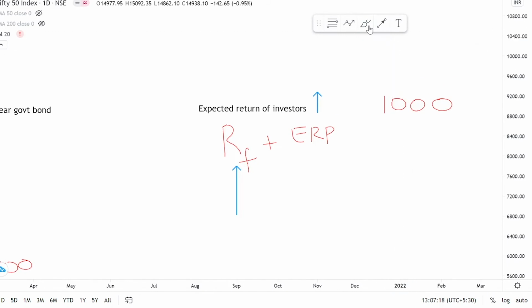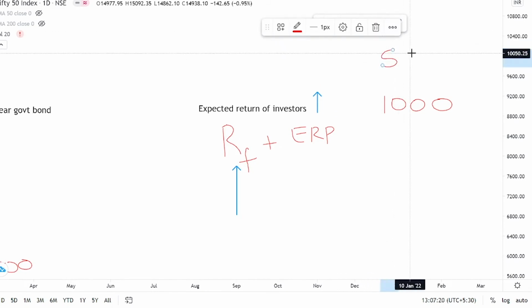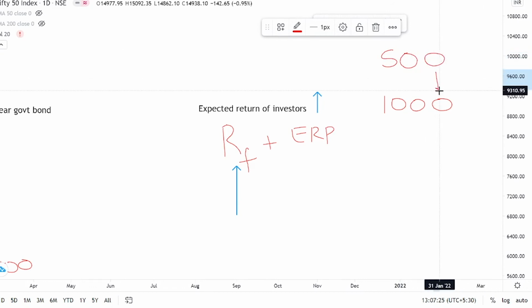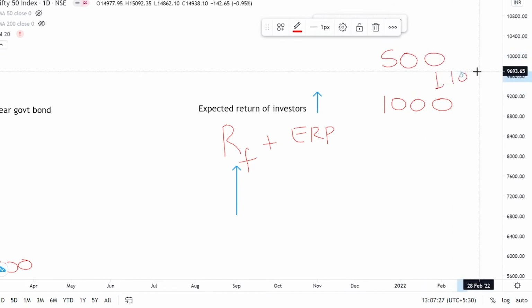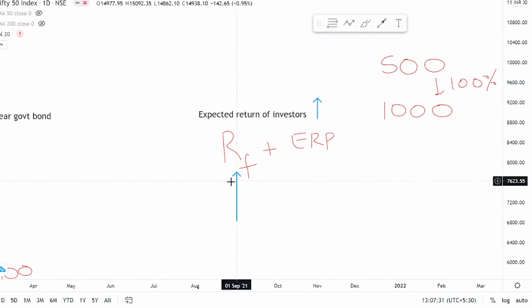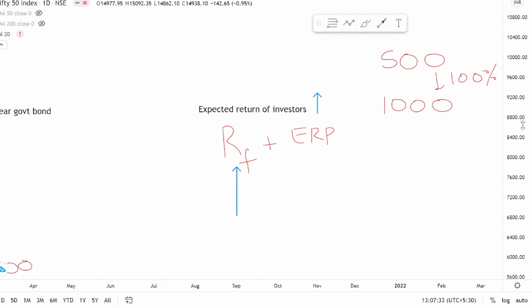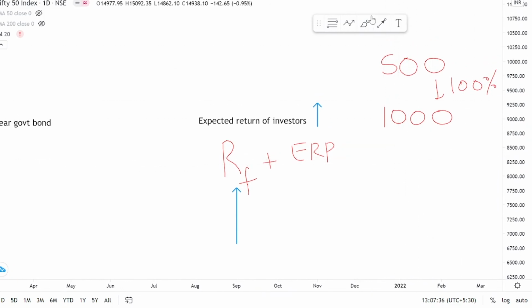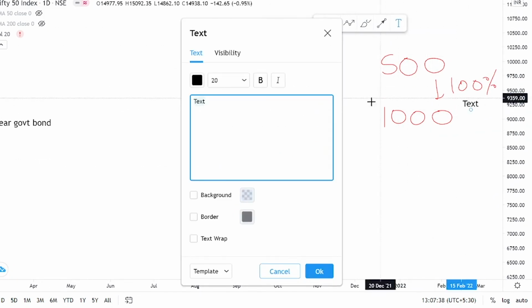Now the current price, let's say, is at 500. So you are getting 100% return on your investment, but let's say, as an example, the expected return is 150%, and you need 150% return.